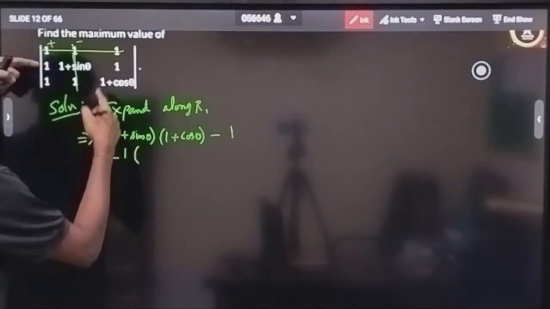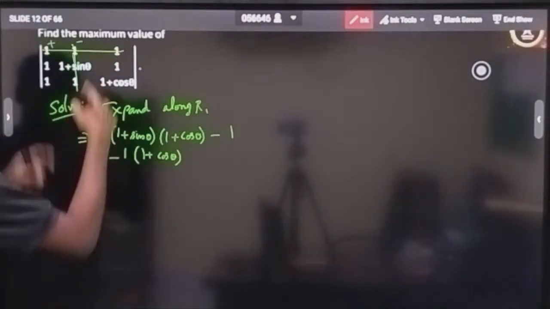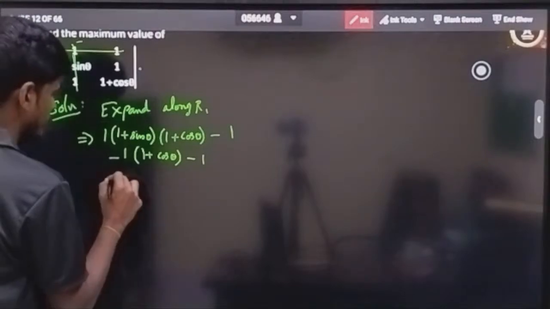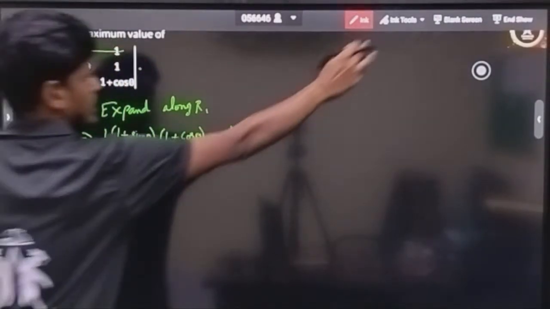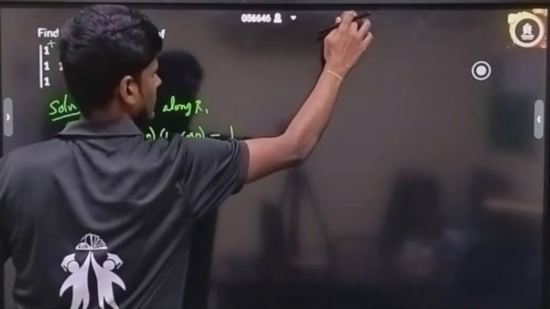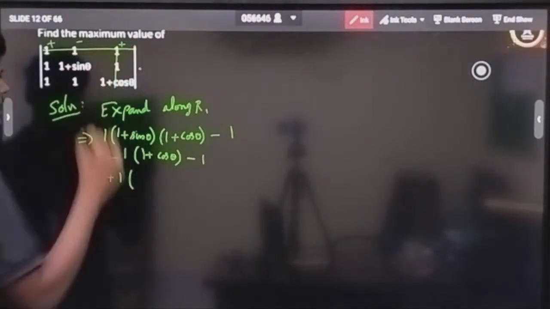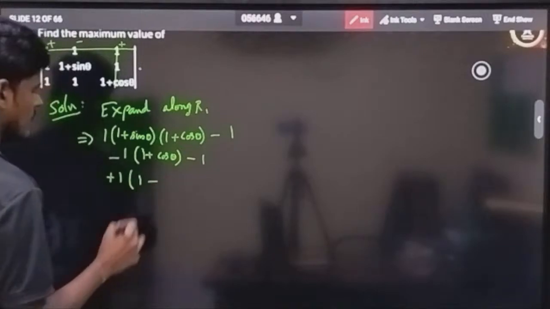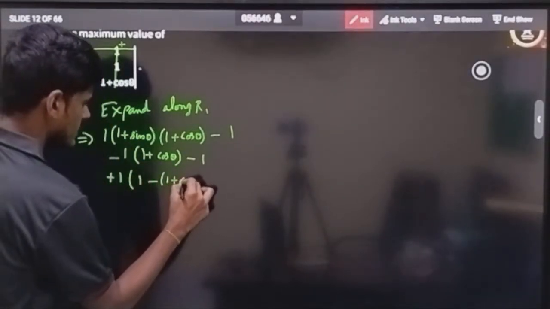That will be 1 into 1 plus cos theta, 1 plus cos theta, minus 1. Next, plus 1 into, now what do we need to do? Leave the first row and third column. Then we will get 1 minus of 1 plus sin theta, 1 plus sin theta.